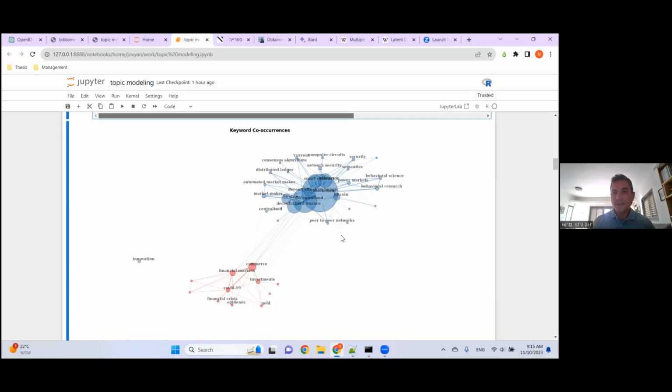So what I saw is that for this kind of work, in the big data world, or when we work with large amounts of information, we do topic modeling, which is a text mining, also statistical, tool.